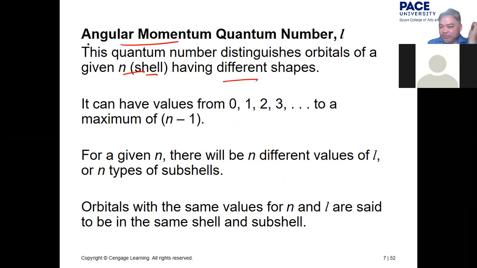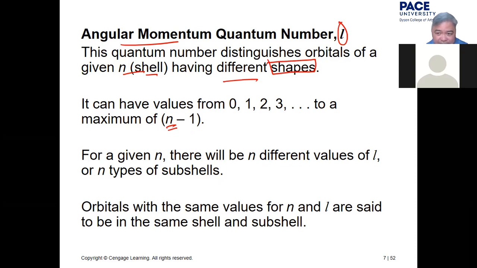So if the first one is size, this one is shape in terms of S. The angular momentum quantum number indicates the shape of the orbital, the region of space occupied by an electron. And the values of this L depend on the n value. So what does it mean?